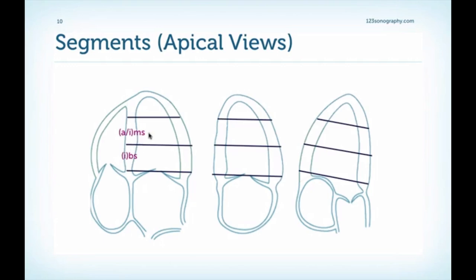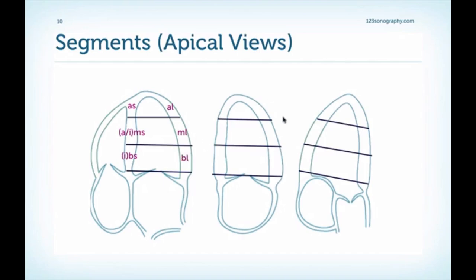This is the mid-septum. We can see both the anterior or the inferior depending on how we tilt the transducer. And this is the apical septum. Here we have the lateral wall in the four-chamber view. Therefore, we have the apical lateral segment here, the mid-lateral segment, and the basal lateral segment.